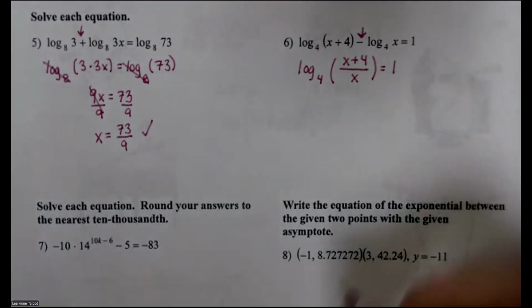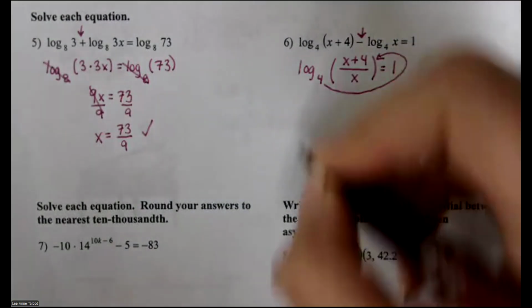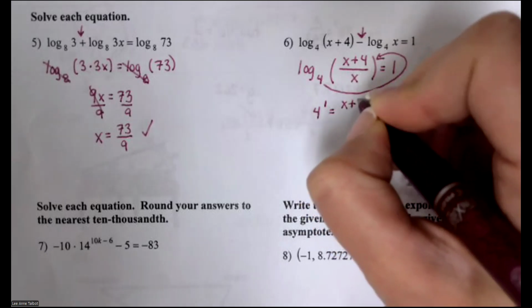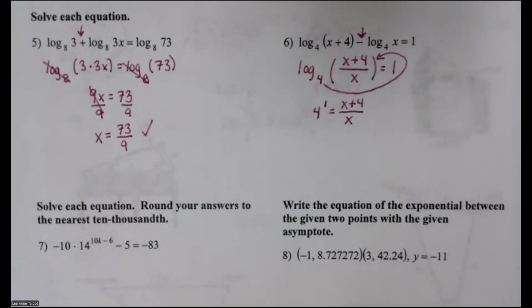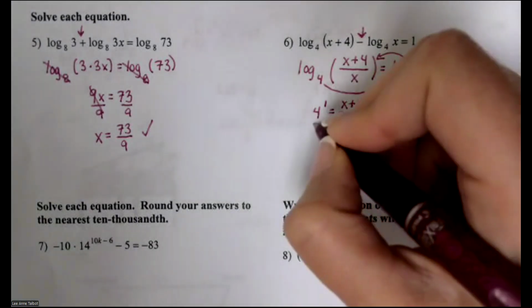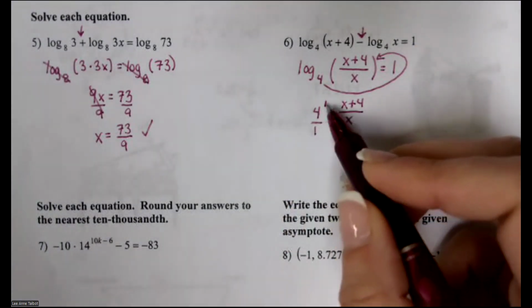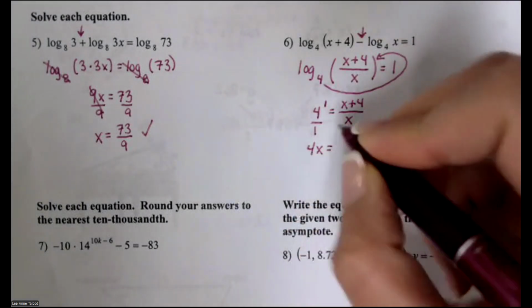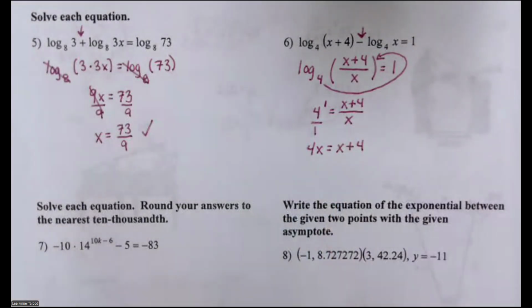Okay, guidance circle. 4 to the 1 equals (x plus 4) over x. Put the 4 over 1 and cross multiply. 4 to the 1 is 4 times x is 4x. 1 times x plus 4 is x plus 4.